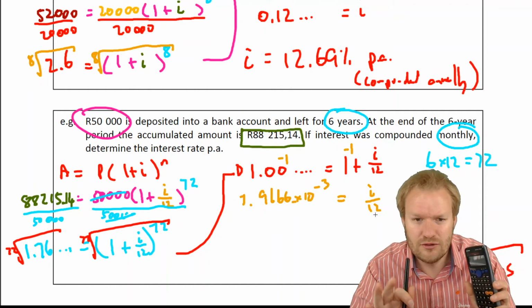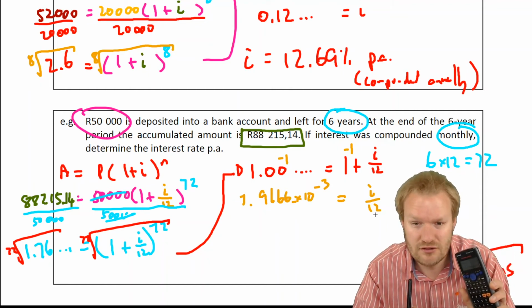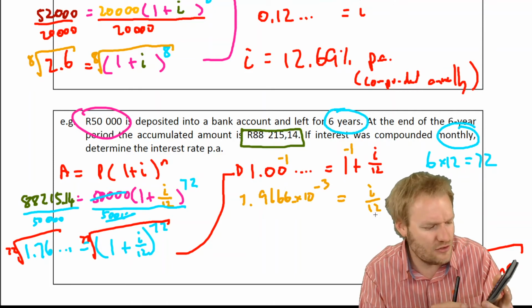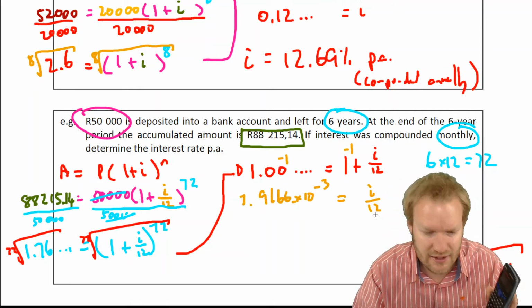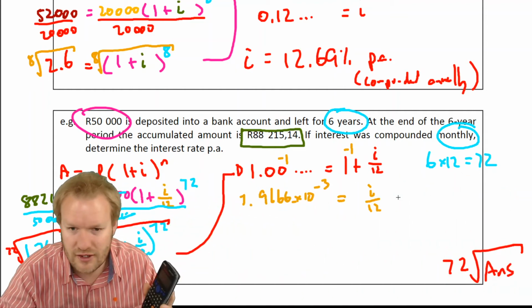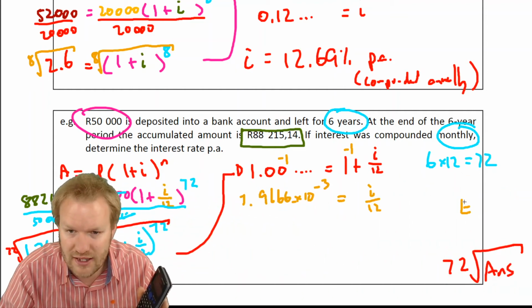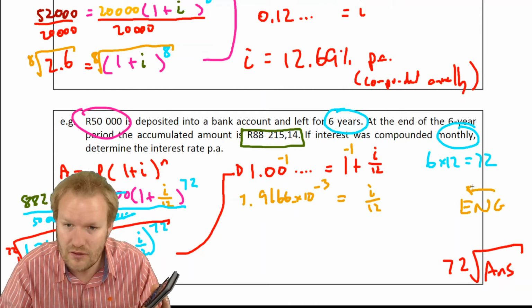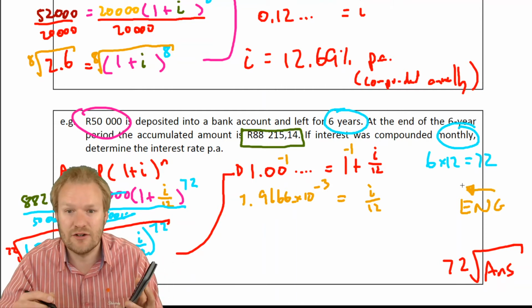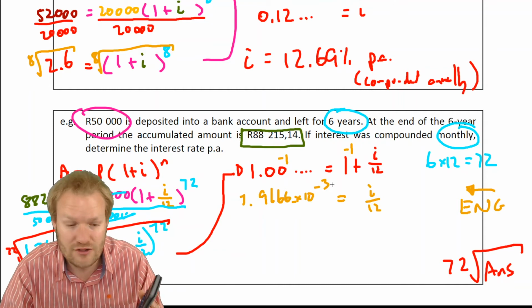So either we can leave it, or if you wanted to see that as a number without that times 10 to the minus 3, there's an ENG button on the calculator with an arrow. And that lets you cycle through in powers of 10 to the 3.